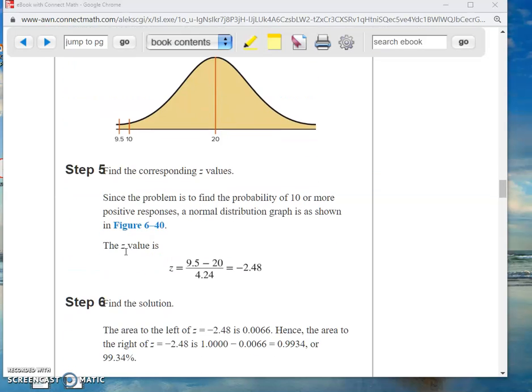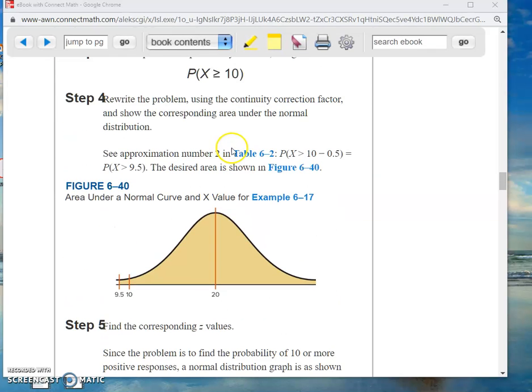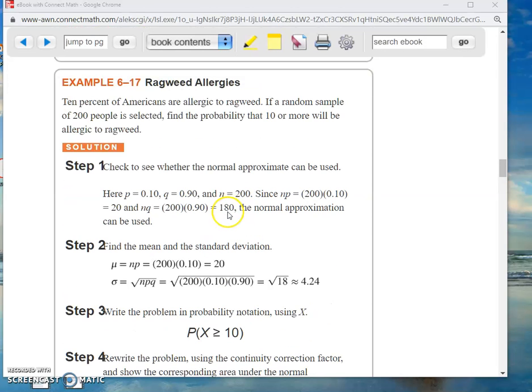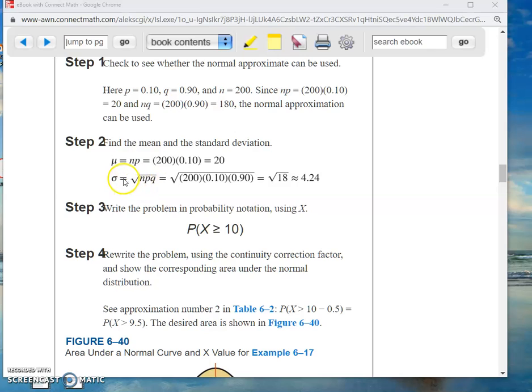Now it's very simple. We find the z that corresponds. This is a normal distribution with mu of 20 and a standard deviation that was given to us. Sigma is the square root of NPQ.